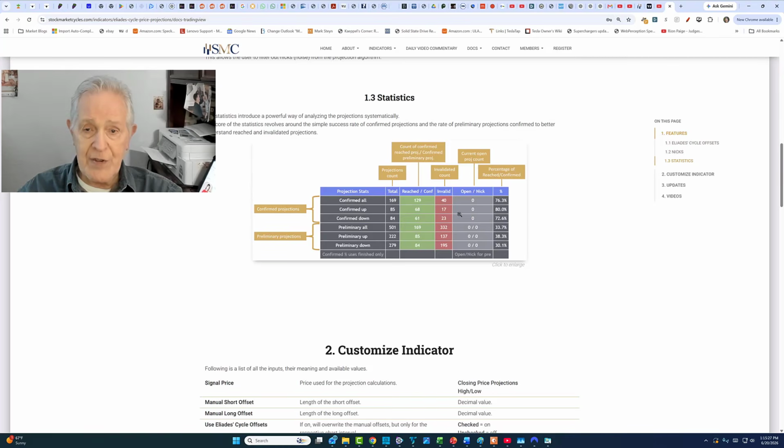Talks about the statistics. This is also something that very few, if any, other software that does Hurst work does. This is so important because the statistics tell you what your percentage of successful projections has been. You don't want a projection technique that is 30% successful. You certainly want at least 50%.